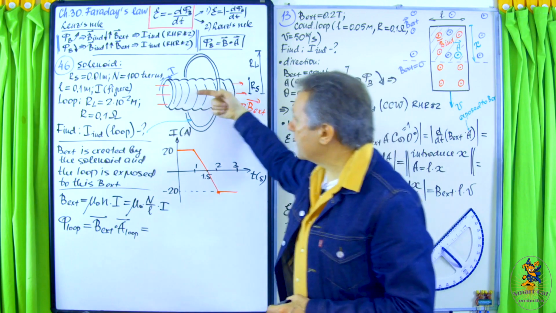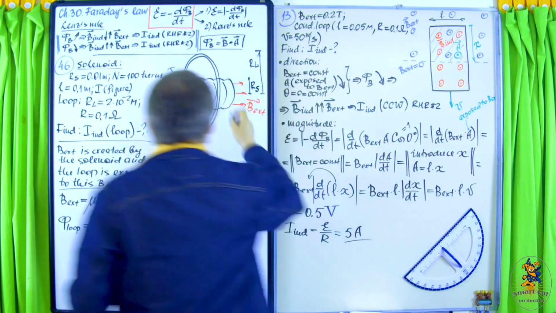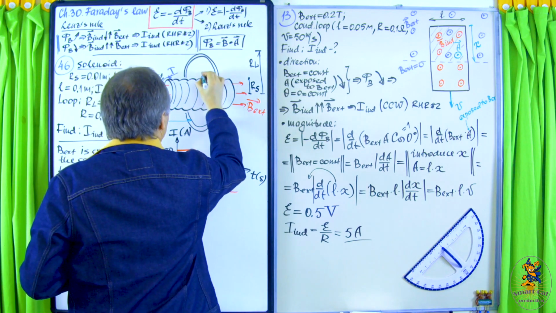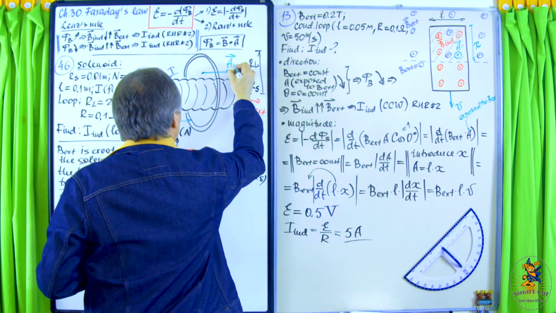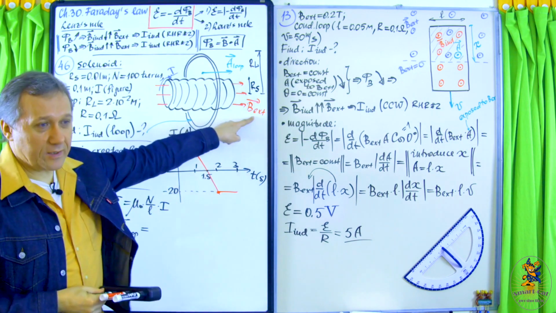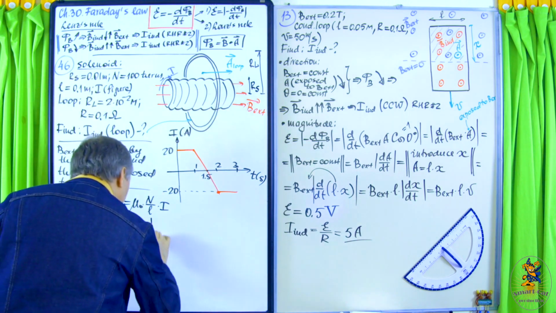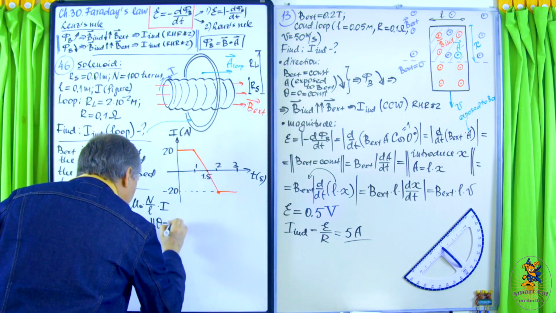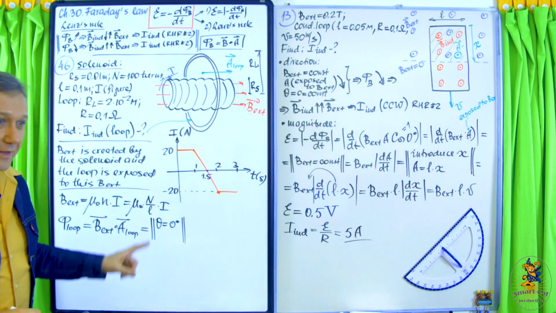It's a dot product, and I can align the area vector either this way or that way. I will align the area vector in this direction, in the same direction as the external magnetic field, to make the angle 0. So theta equals 0 degrees.